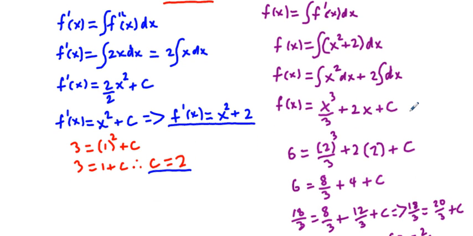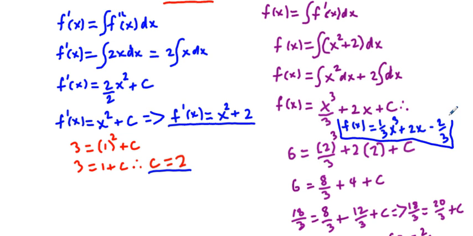No, I didn't leave enough space. So I'll try to write real small. Our particular solution is, I'll write this in blue, f of x is equal to 1/3 x cubed plus 2x minus our constant of integration, which is 2 thirds. So this is our final solved differential equation right here.